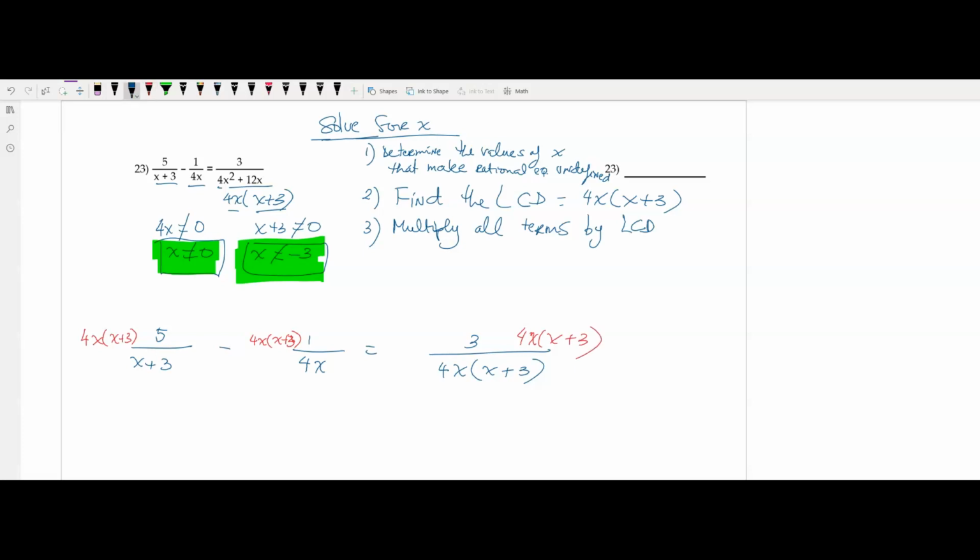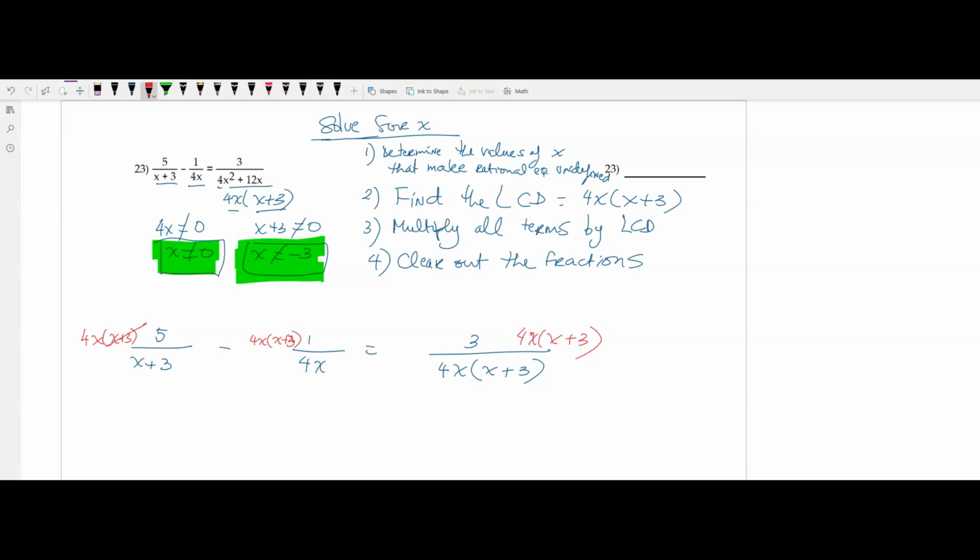Okay. Fourth, clear out the fractions, meaning I want to get rid of these denominators. All right, so let's do that. What do we have in common on top and the bottom?